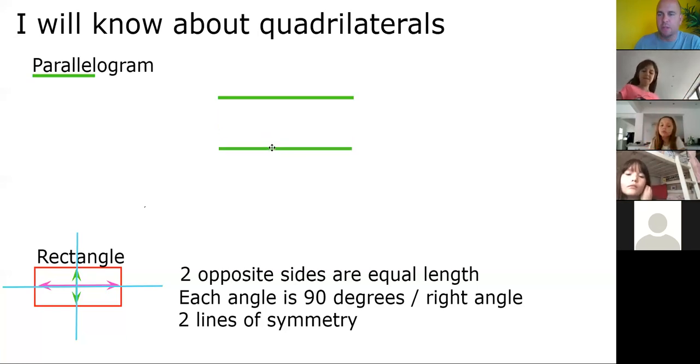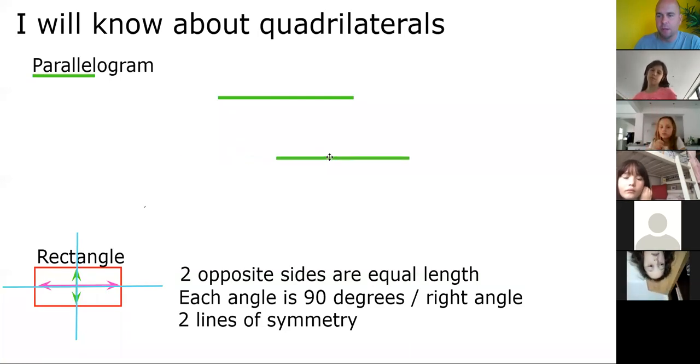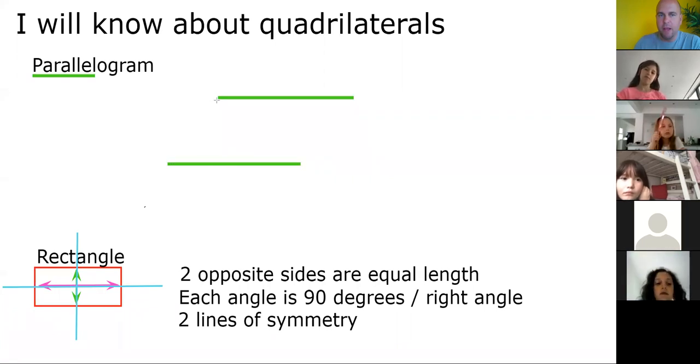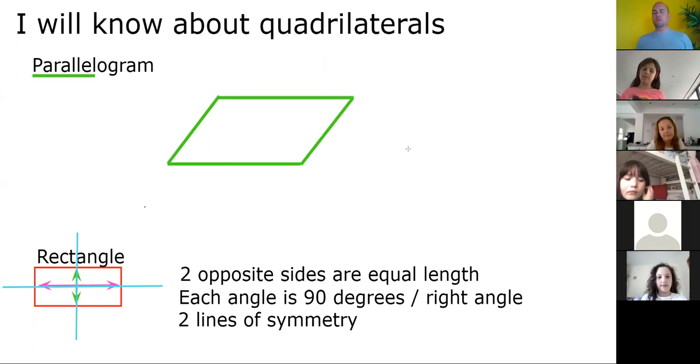And then what they do is, rather than being 90 degrees, they're a little bit offset to the side, this way or this way. So they might be like that. And then they have another set of parallel lines here, like this. And they join like that. So it's almost like taking a rectangle and just slightly squashing it.